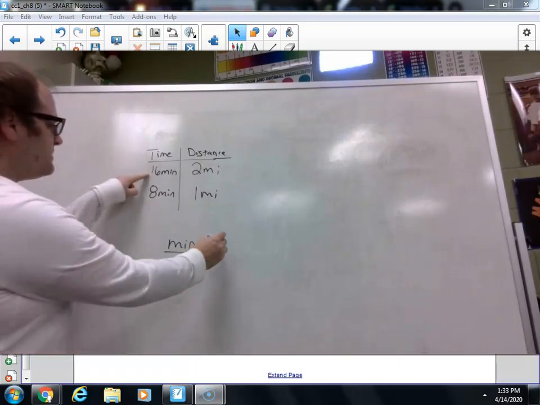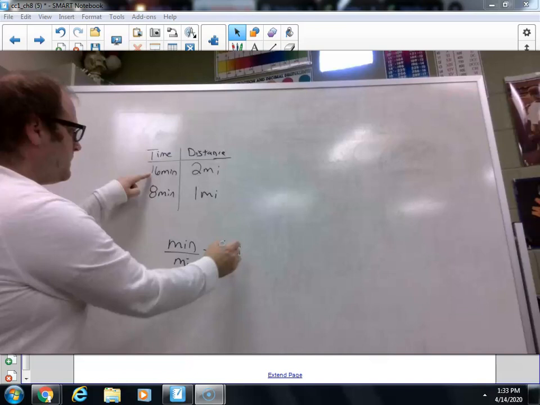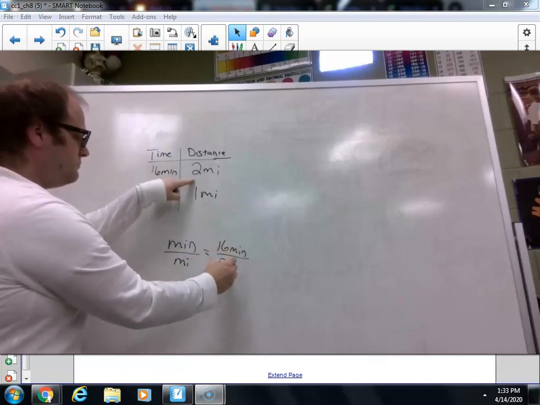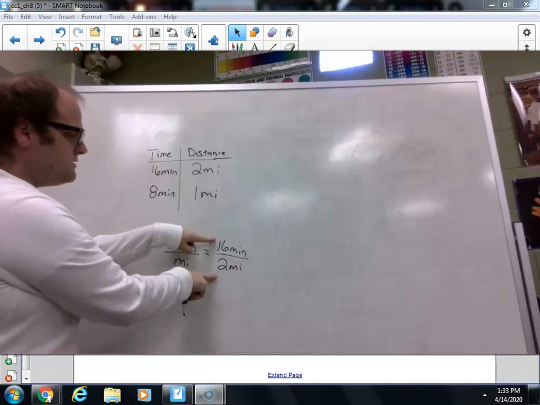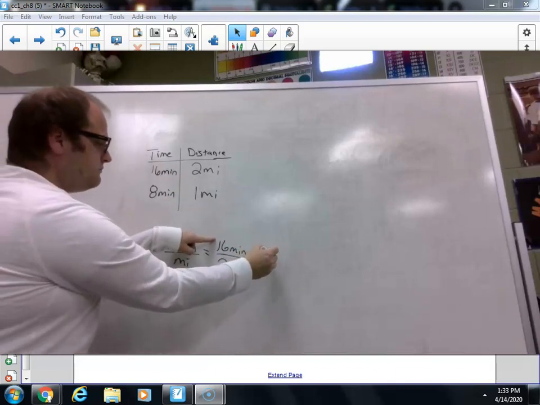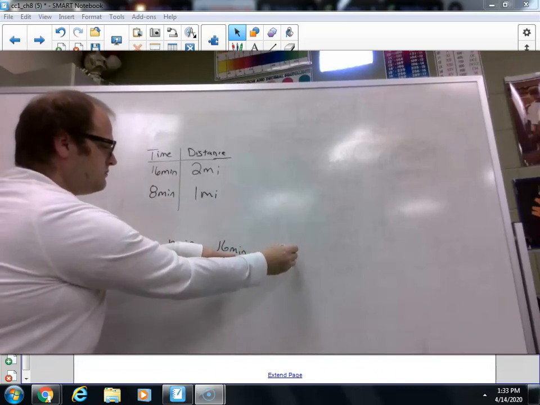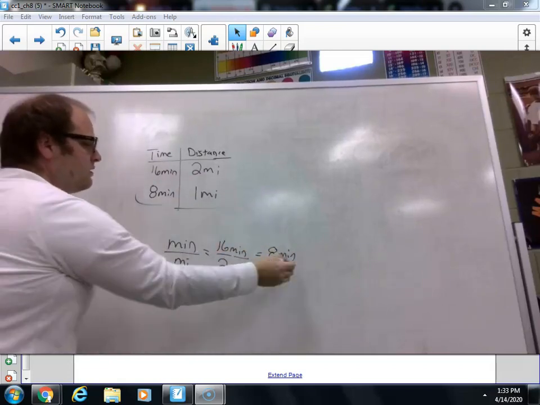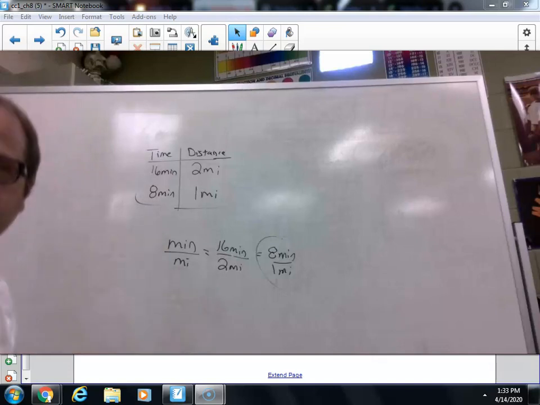They originally gave us 16 minutes, and that was for every 2 miles. So what is 16 divided by 2? 8. 8 minutes for every 1 mile. Same thing we found here in our chart. So two different ways to approach that type of problem.